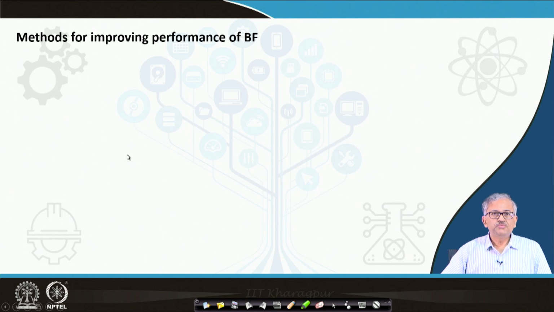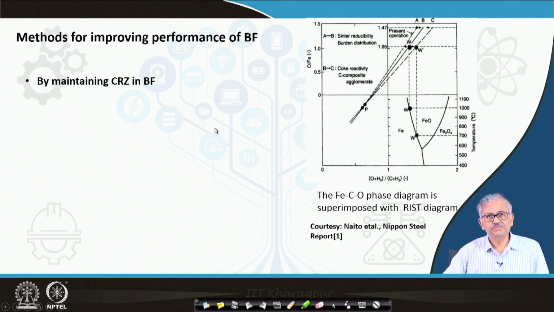Now, the methods for improving the performance of the blast furnace: how we can further improve the thermodynamic efficiency of the blast furnace. Here you can see in this diagram, it is basically a Fe-O-C diagram. This phase diagram we have discussed, the Fe-O-C phase diagram, is shown in an inverted way, and we have superimposed this diagram along with the Rist diagram. The common thing between them is the gas composition.